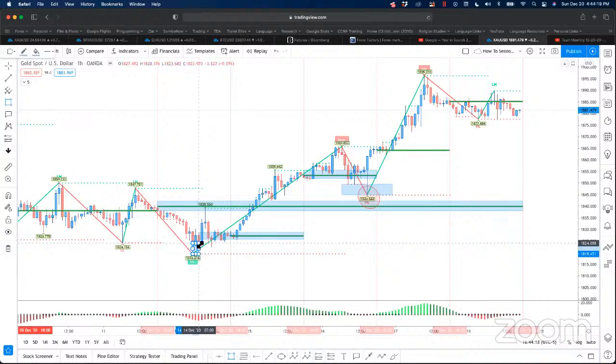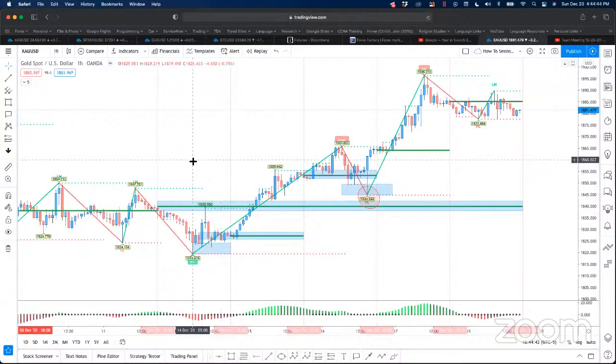Box off this body and pull this to the right. There's your entry here, here, here, and then you're in this trade for the rest of the week. You target the high back at the opening price for the week, partial here, and then you just let the rest ride. You're in that trade.